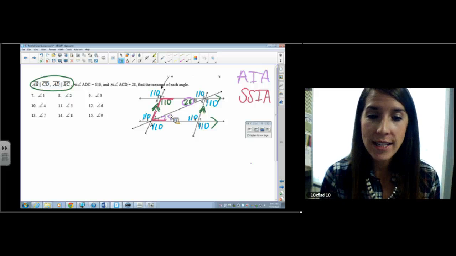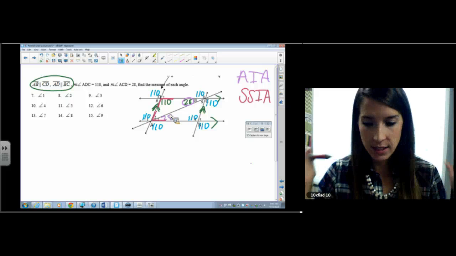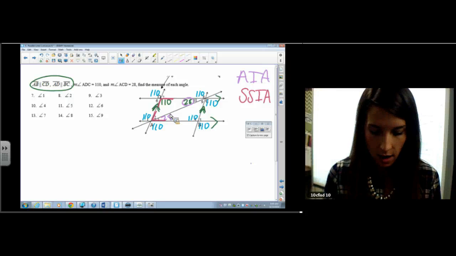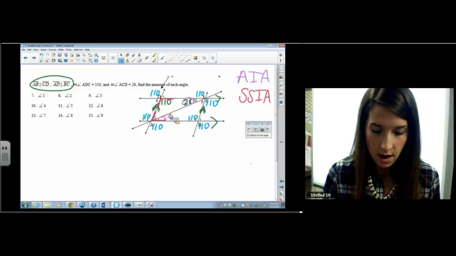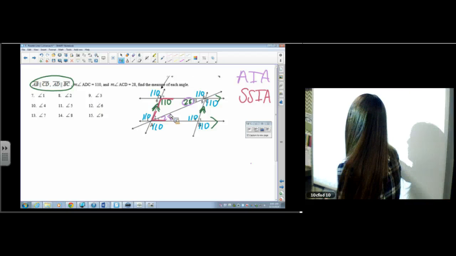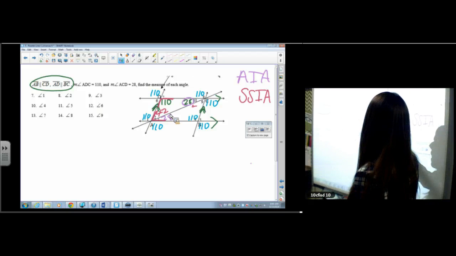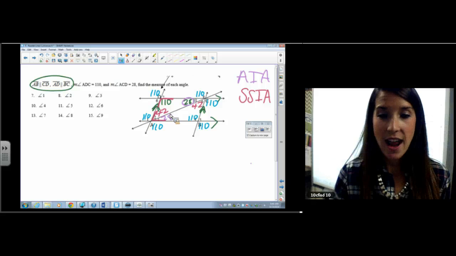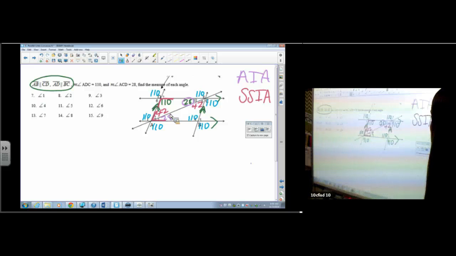So I know 110 plus 28 plus something equals 180. So all I have to do is go to my calculator and subtract from 180. I subtract 180 minus 110 minus 28. I'm going to get 42. And then we use alternate interior angles. If that one's 42, then angle 9 is 42. And now we've filled in almost every angle in the picture.